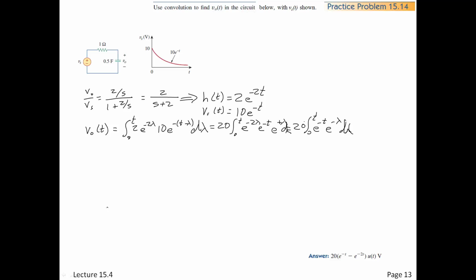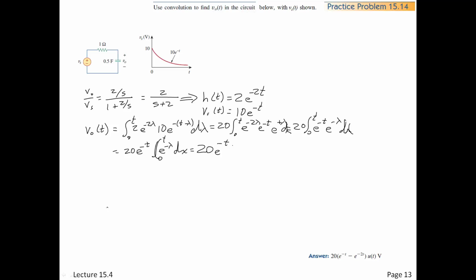Okay, so this is then equal to 20 e to the minus t times what? Times e to the minus lambda d lambda between 0 and t.